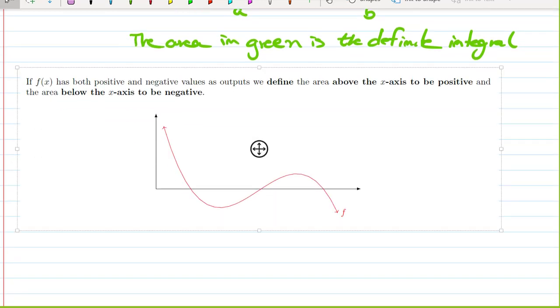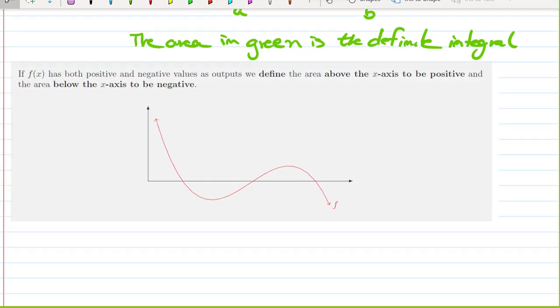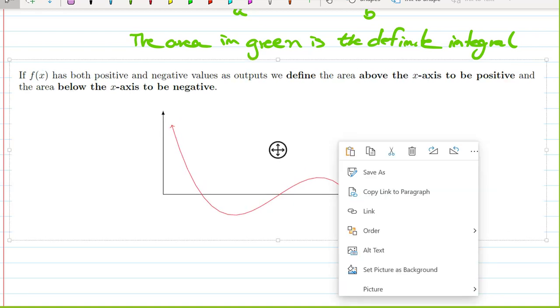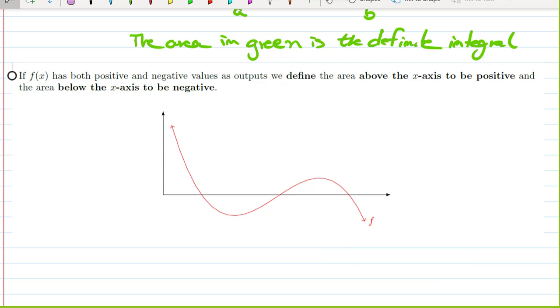So if f of x has both positive and negative values as outputs, we define the area above the x-axis to be positive and the area below the x-axis to be negative.